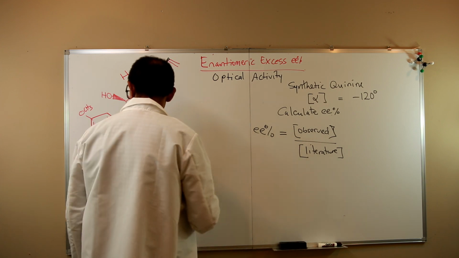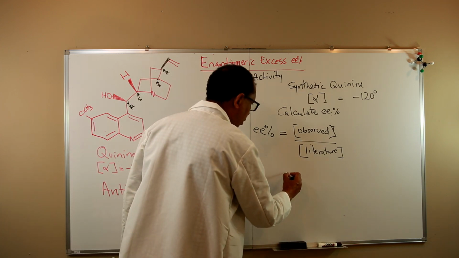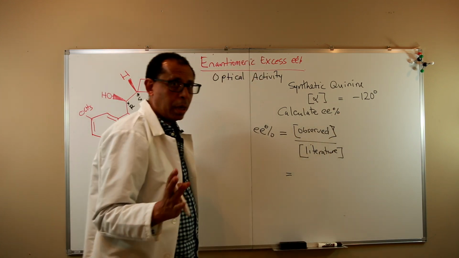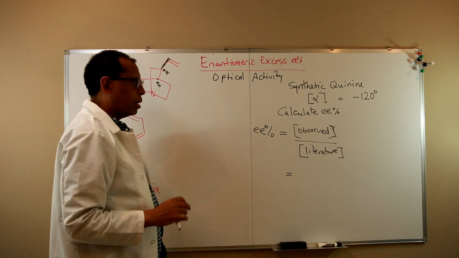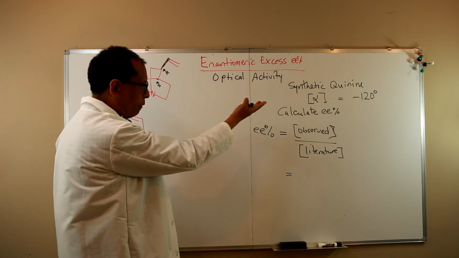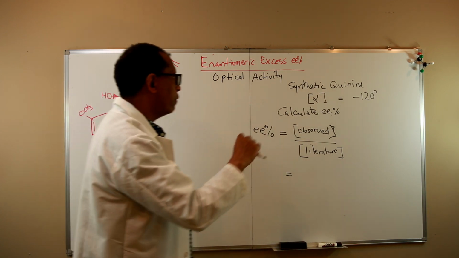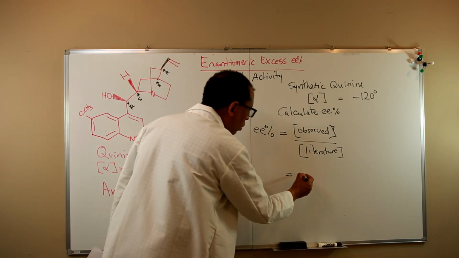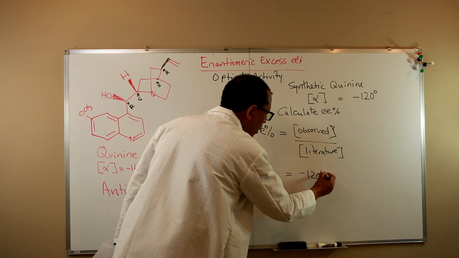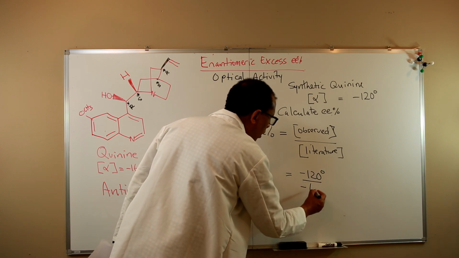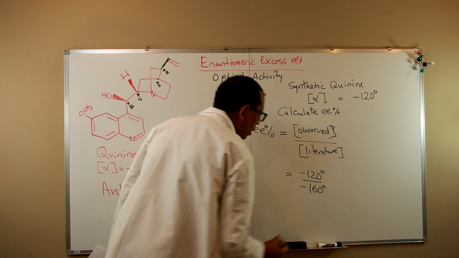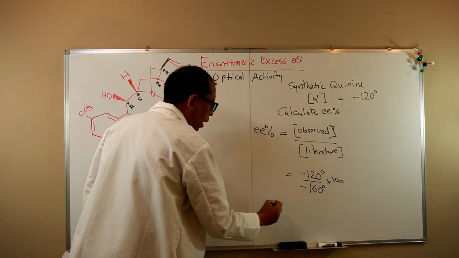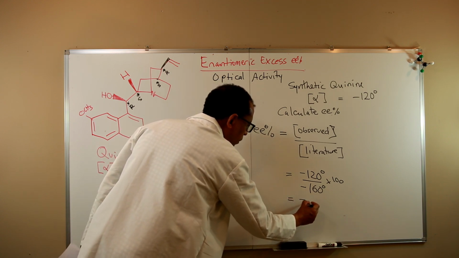So as I said, quinine has close to 160. This is a minus. That's also a minus. That's a good sign. At least the signs are the same. What the researcher found when he synthesized his version of quinine is minus 120. So minus 120 degrees over minus 160 degrees, times 100, the enantiomeric excess, would give you 75%.